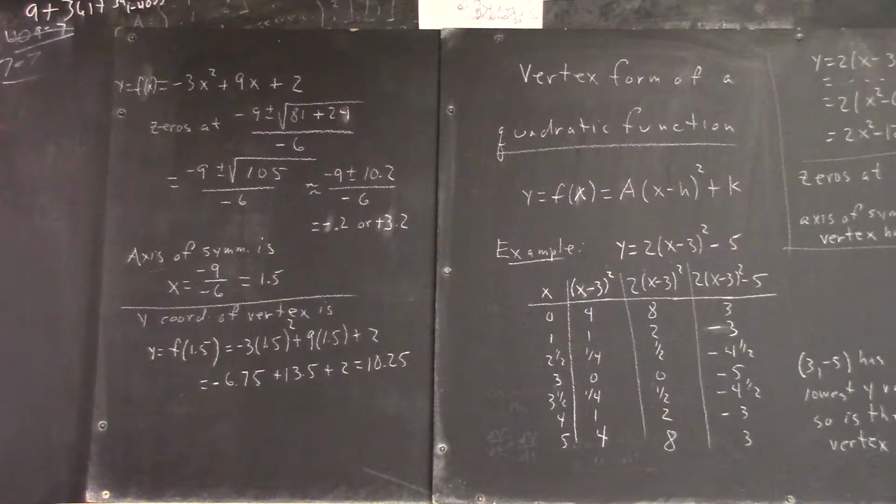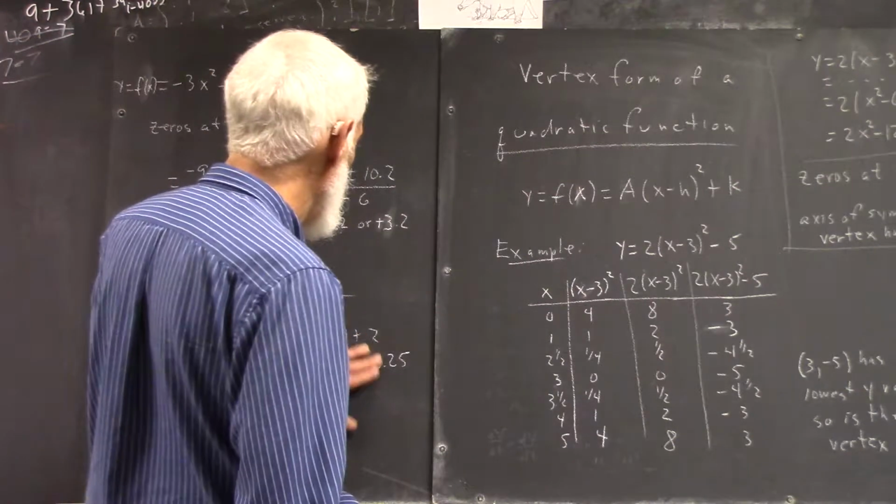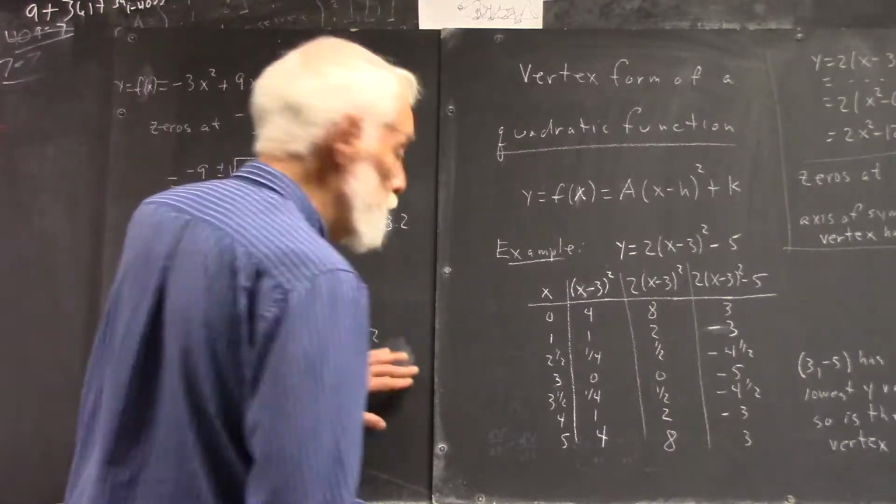And let me double check, 15.5 minus 7. It's not right. 36 and 13 is 7. 2 is 9. That's a negative 1.75. Okay. Glad I checked.